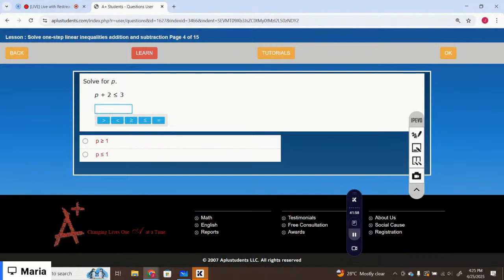Solve for P. P is less than or equal to 1. Option number 2 is the correct option.